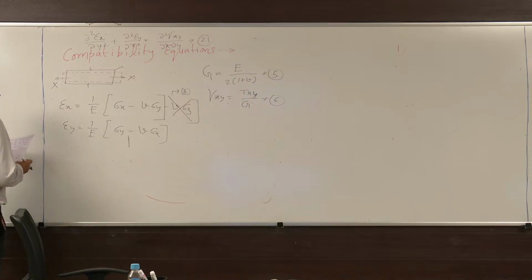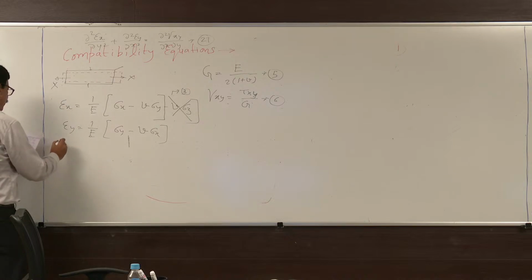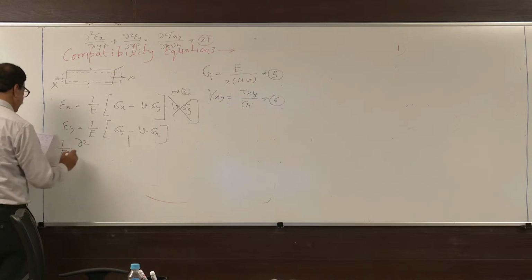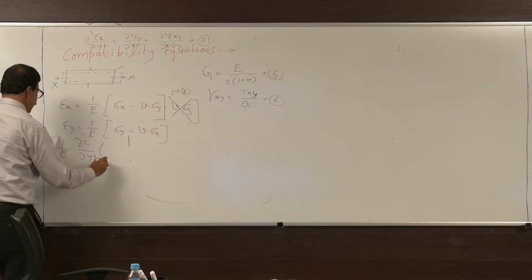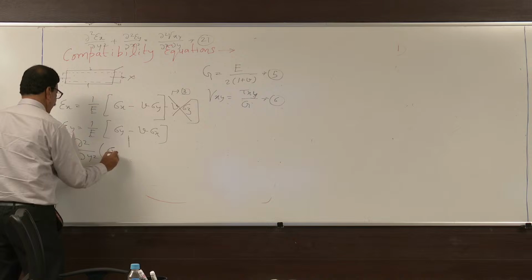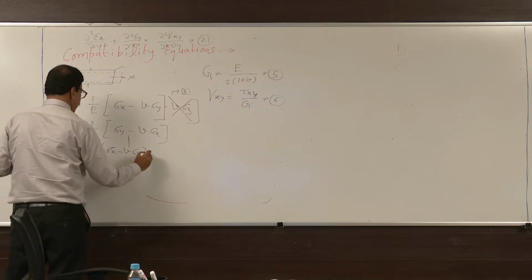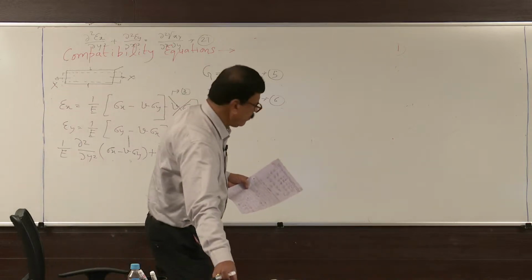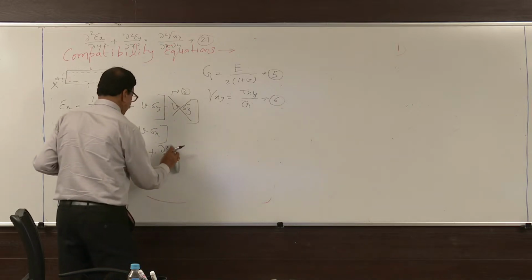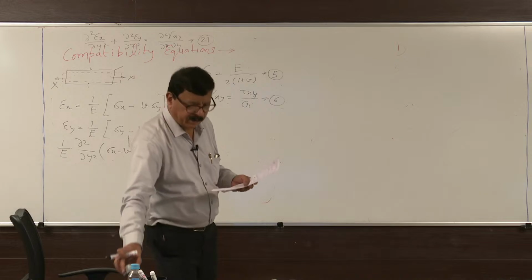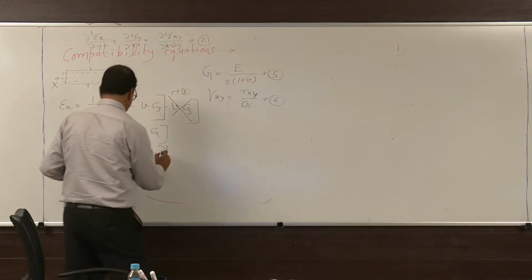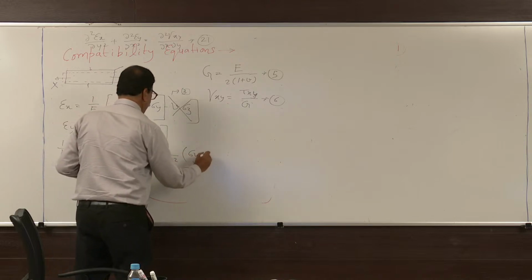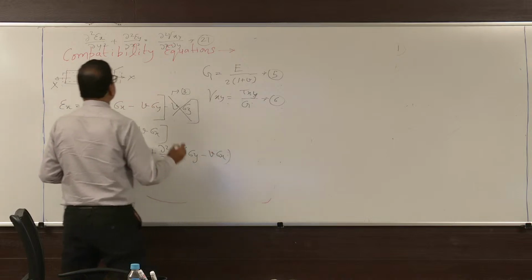So you will get this. This is the Poisson's ratio.